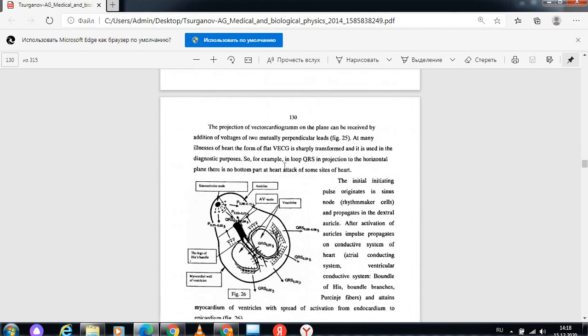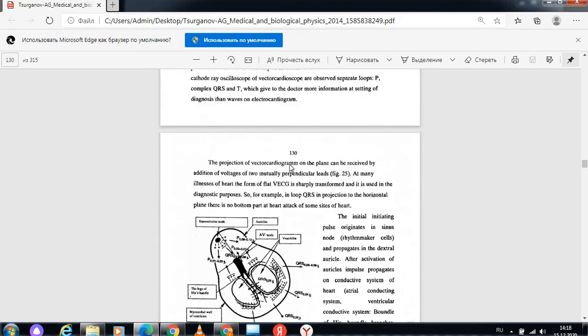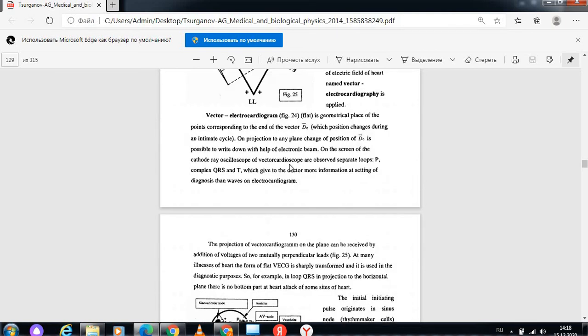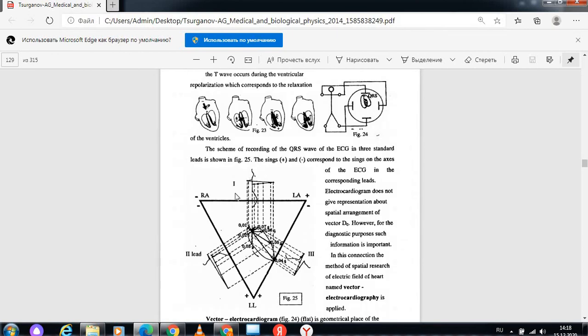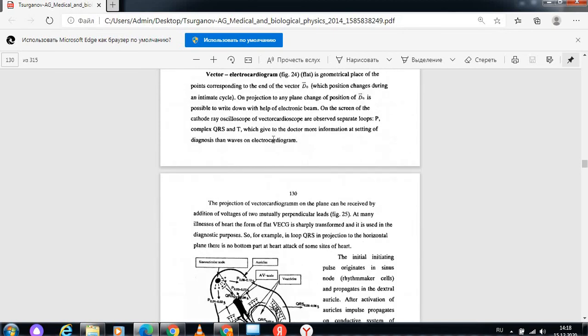These projections of the vector cardiogram on the plane can be received by addition of voltages of 2 mutually perpendicular leads, on this picture. So we have a special type of figure 23, with the 4 acts of the heart working system.